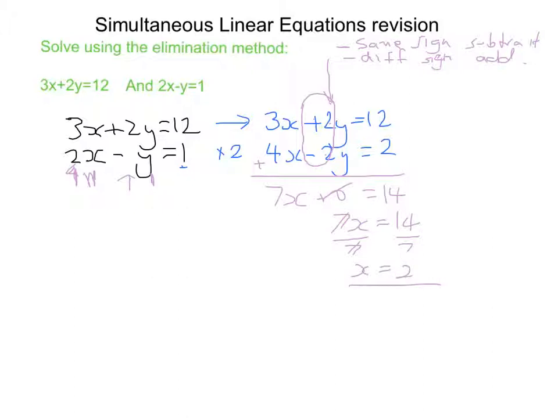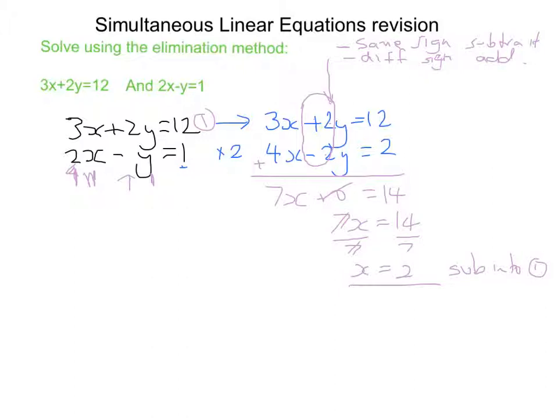What we then do with that one is we substitute that back into one of the original equations. So what we'll do is we'll substitute that back into equation 1. And I'll do that over on the left hand side here.